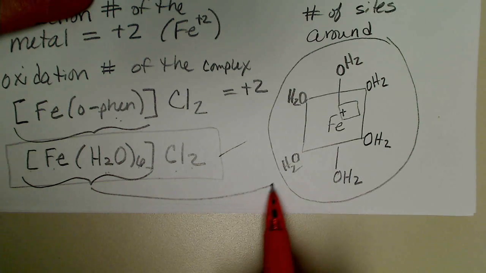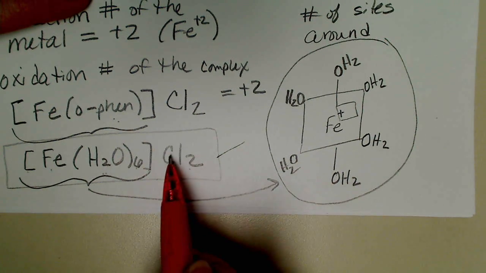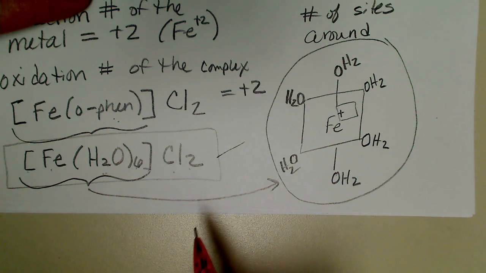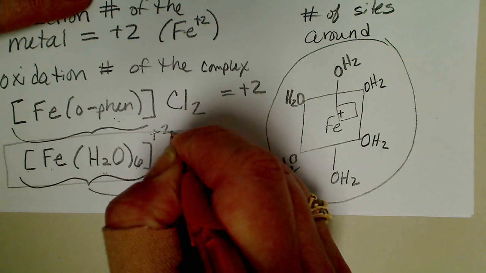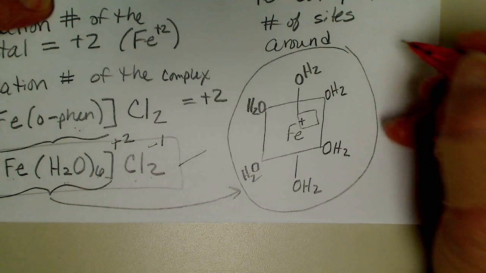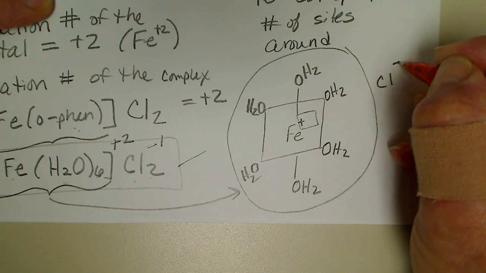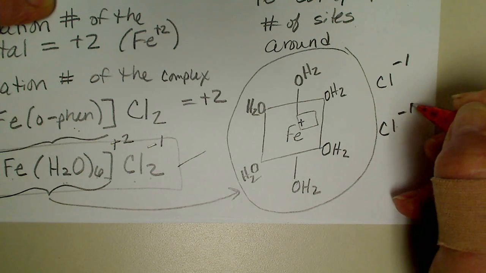That's very important. So this entire complex, because there's 2 chloride ions here, we know that the entire complex has to be a +2 because each chloride is a -1. And again, that means chloride, a fabulous spectator ion, is outside of that coordination sphere.